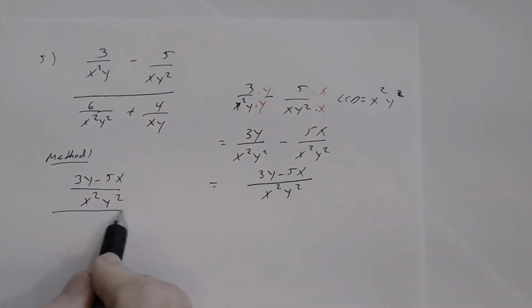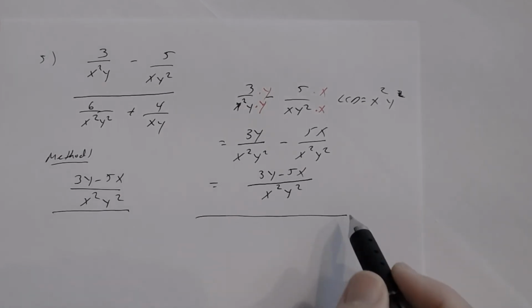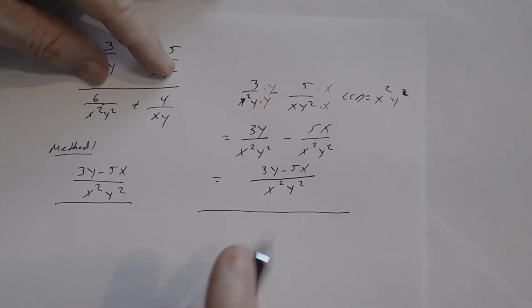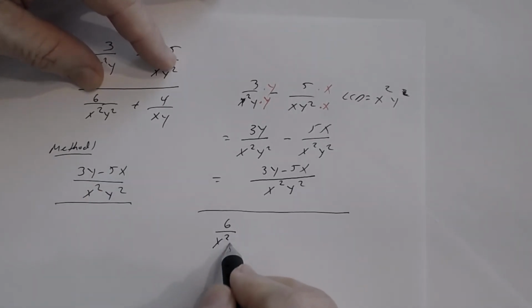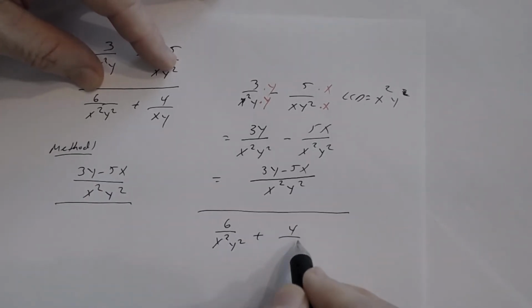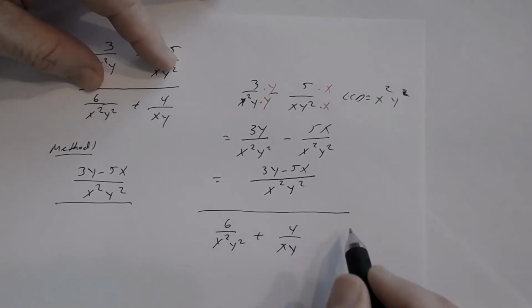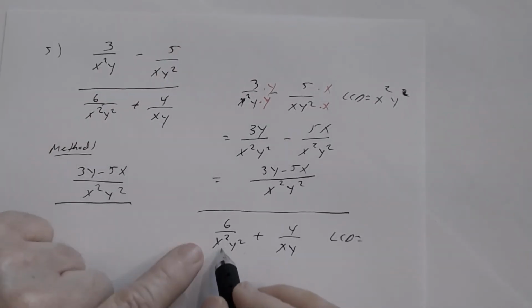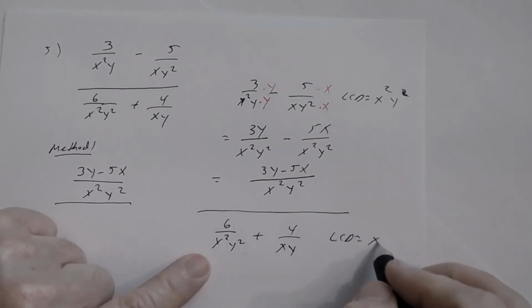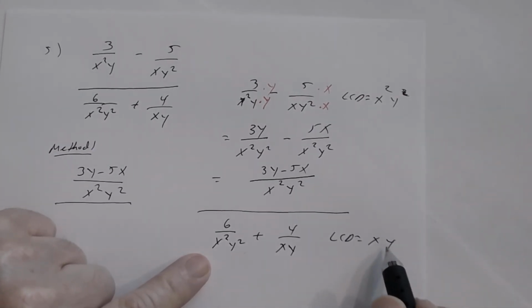Now let's do the denominator. So my denominator, you have this now. You have 6 divided by x squared y squared plus 4 divided by xy. So if you find the LCD of those two fractions, I have factors of x and y that I see. So I need some x's and some factors of y.